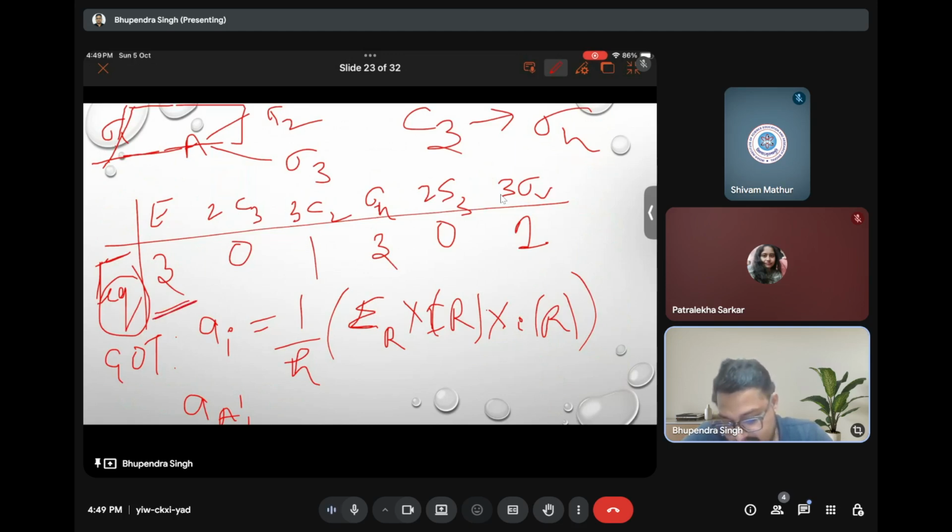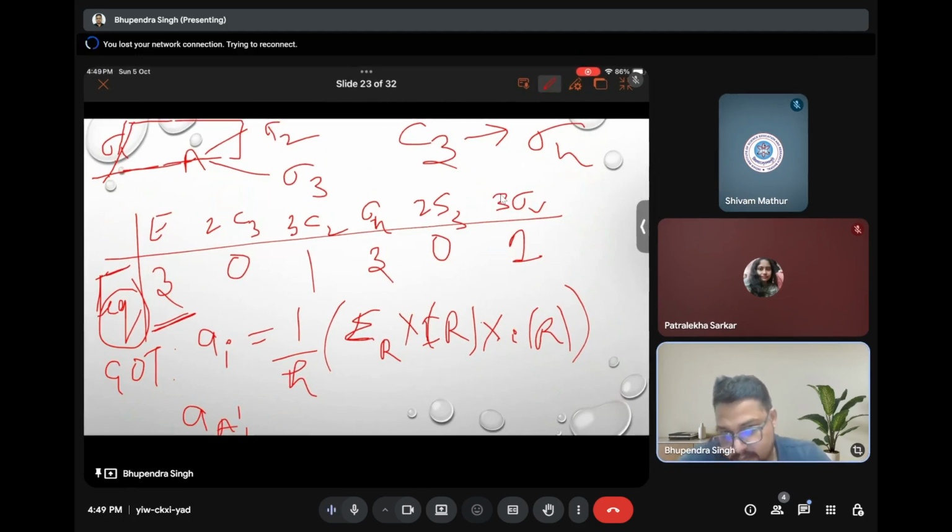So it will be 1 by 12, as we already know the order of the point group is 12.